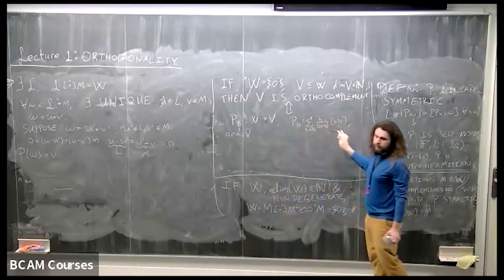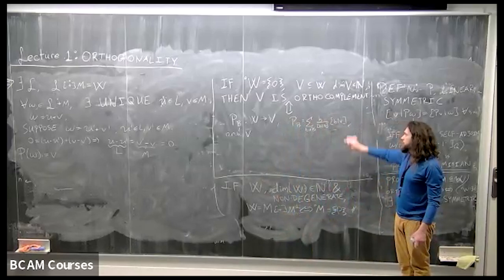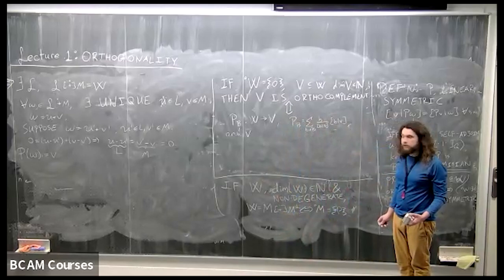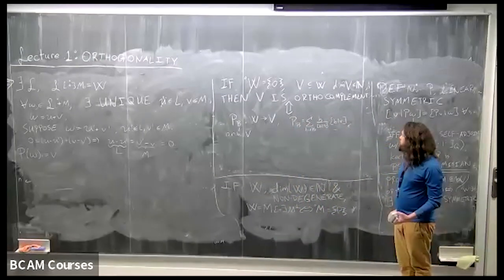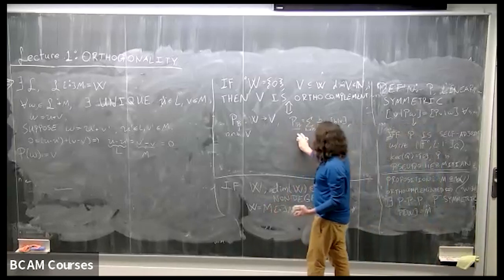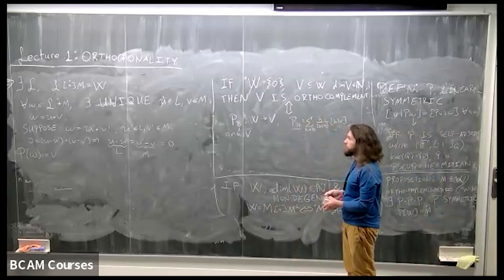This projector is sort of algebraically the same thing as the other resolution of identity. And so it's probably the case that by proving that this thing is a self-adjoint projector, that would be equivalent to proving the resolution of identity statement that I stated earlier. So our goal is to show that this P is a projector. Okay, so now I'm forced to prove the resolution of identity. Otherwise, this proof doesn't work.